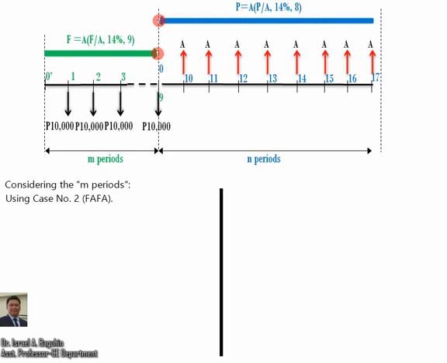So F is equal to A with this designation F given A, I%, and then our periods is M, which is equal to the annuity times the quantity 1 plus I raised to the n, but our periods is M, so raised to the M, minus 1, all over I.